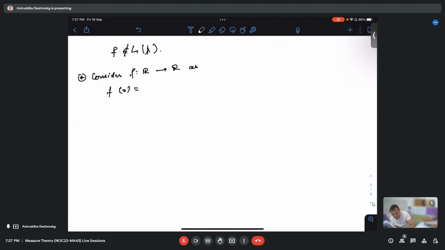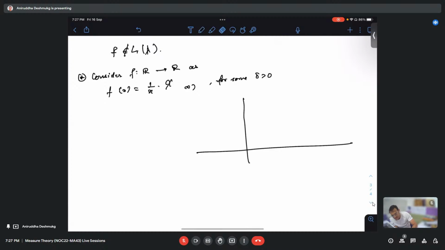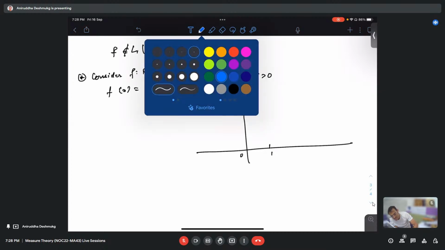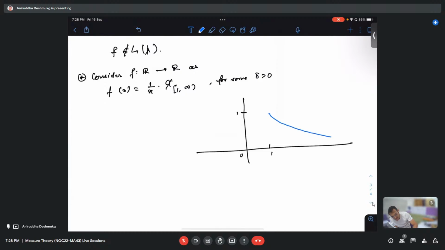So f(x) is 1 over x times chi of, say, delta to infinity for some positive delta. Or maybe for simplicity, let us write it as 1 to infinity. So 0, 1, somewhere here 1. So the function is only this part of 1 by x. Everywhere else it is 0.